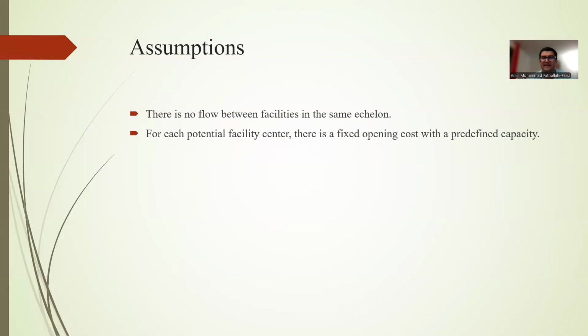For some facilities like manufacturing centers, retailers, collection centers, and recycling centers, we want to contribute to facility location planning, where among a set of potential sites, we want to open a subset of them, with a fixed opening cost and a predefined capacity for each facility.